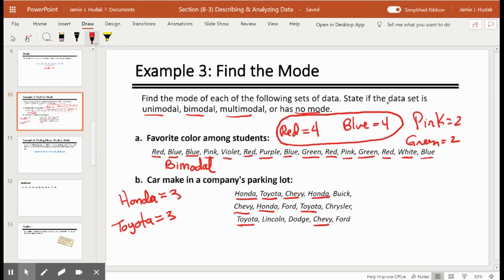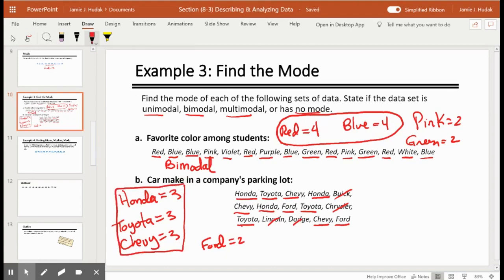Chevy, again 3 times. Buick is 1. Ford is 2 times. Chrysler 1, Lincoln 1, Dodge 1. So because we have more than 2 modes, anything more than 2 we call multimodal.